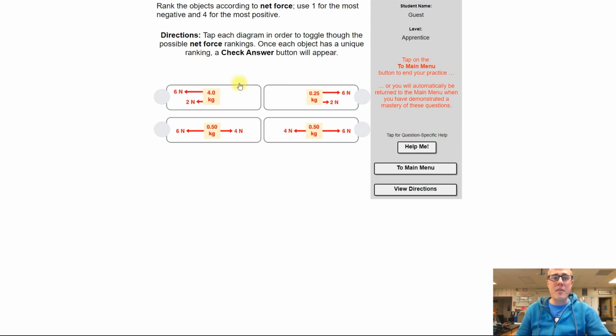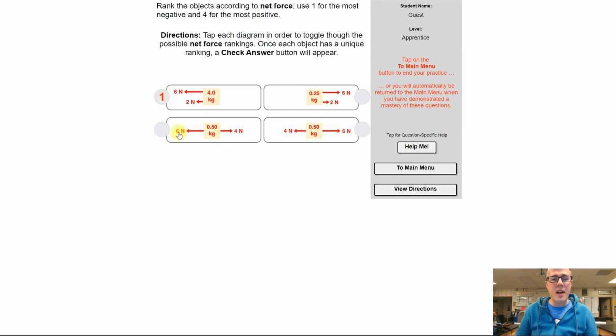So for example, the top left picture, because I'm just caring about forces, has a net force of 8 to the left. And in this program, anything to the left is negative. So this one would be a -8. And it wants me to rank from most negative to most positive. So the top left has a -8. That's a pretty negative one.